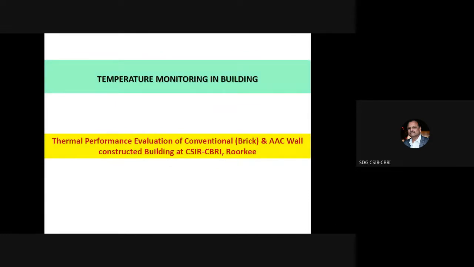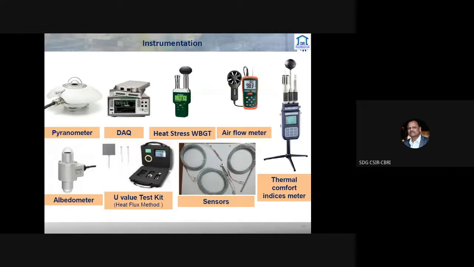Here I am presenting two case studies, where one case study talks about the thermal performance evaluation done with our Tropical Summer Index, TSI, with respect to brick and AAC wall. In order to do that, we have facilities available at CBRI to monitor and find out the thermal performance of any building envelope.